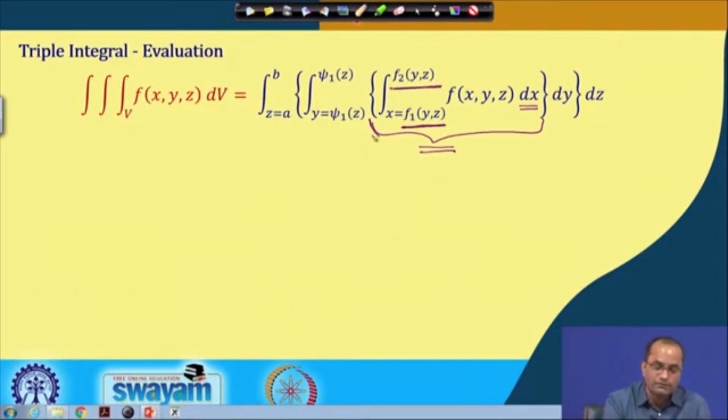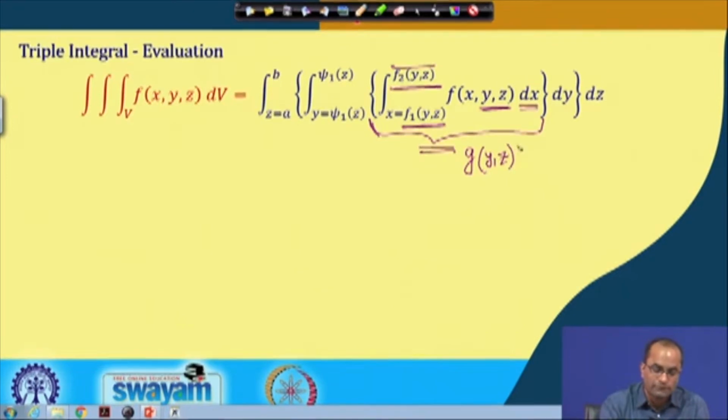So, as a result, when we integrate the inner one, we will get some function, because we have integrated over x. We will not see x anymore, but the limits can be functions of y and z, and we will also have y and z in the integrand. So, in general, after evaluation of the inner integral, we will get a function of y and z.